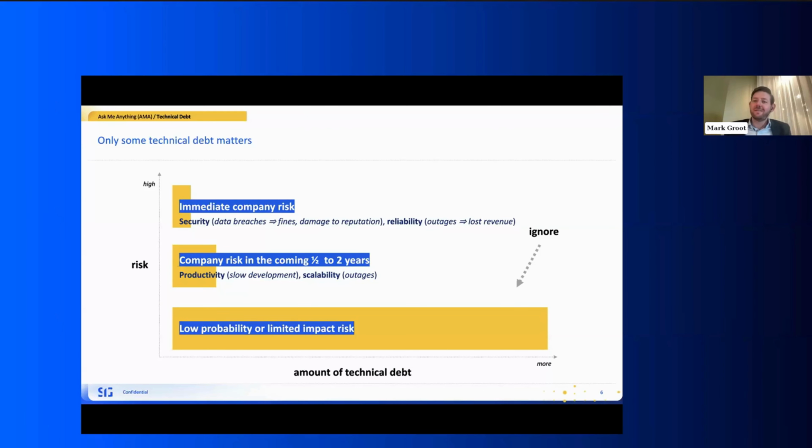Yeah, so parts of it can be automated and parts cannot. We're not yet at a stage where we can just drop a code base into something magical like a huge LLM and say, get rid of the technical debt, or give me the order of impact. And there's always going to be discussion about prioritization.